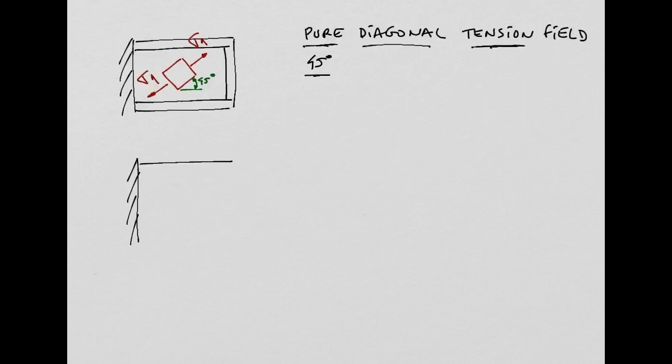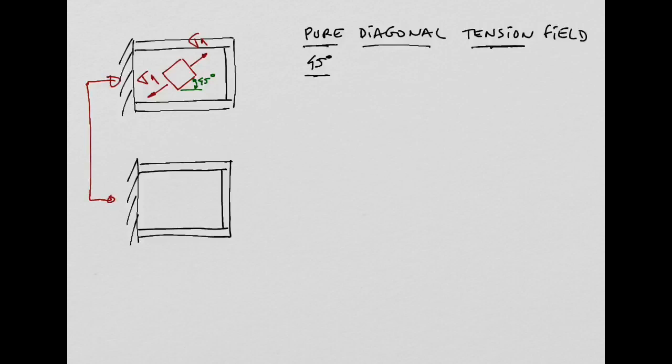So we need to transform this stress from this direction of 45 degrees into the horizontal and vertical direction. So basically what I need to do is transform the stress from here to here, where I want to have, maybe I can represent now in green, the stress components in this direction.